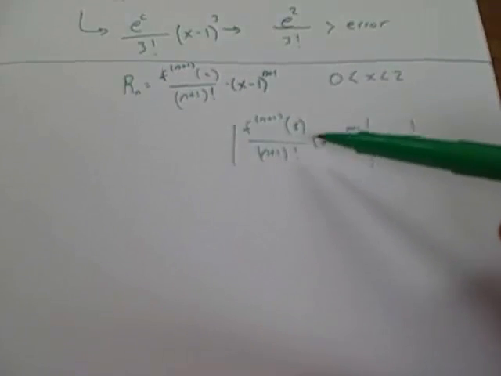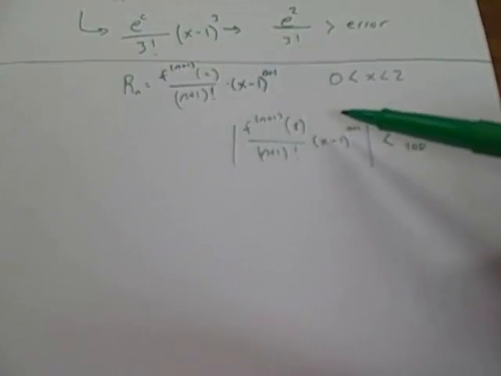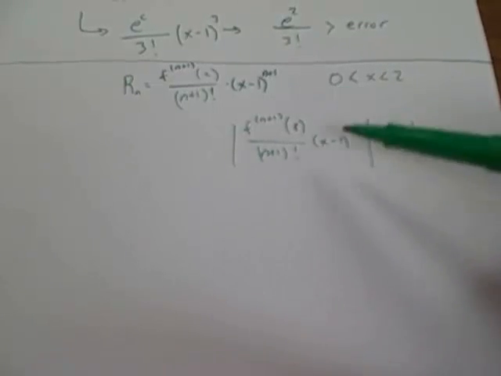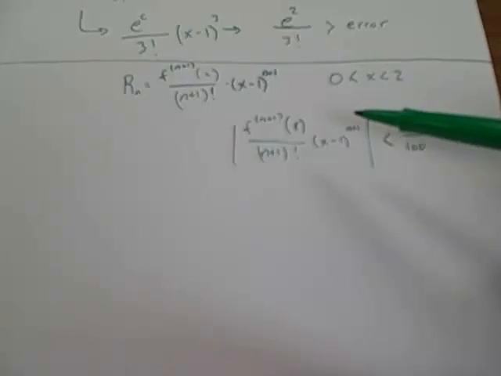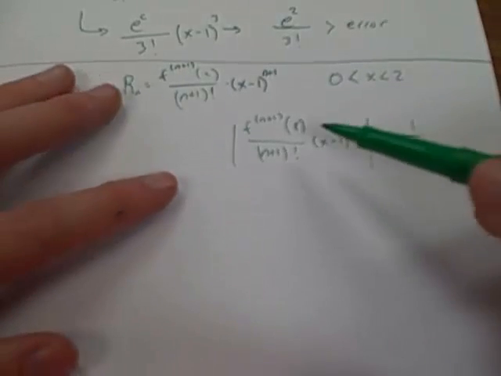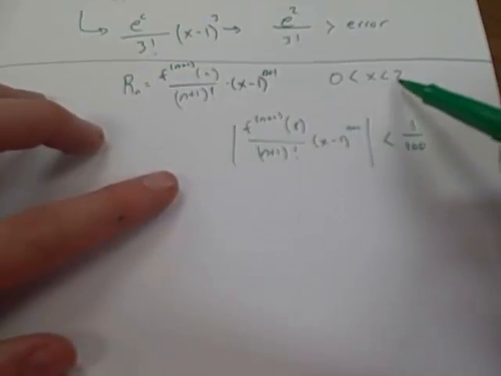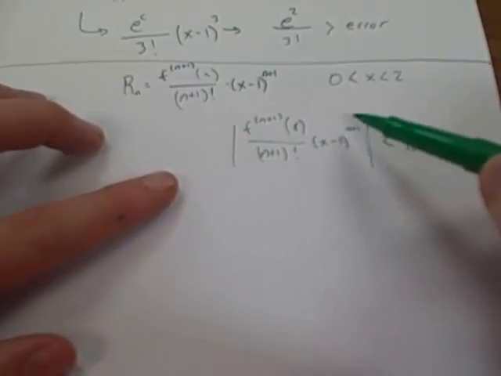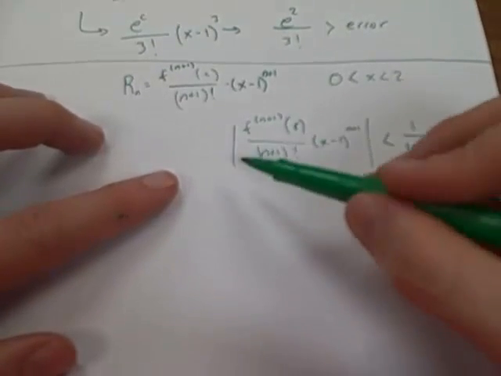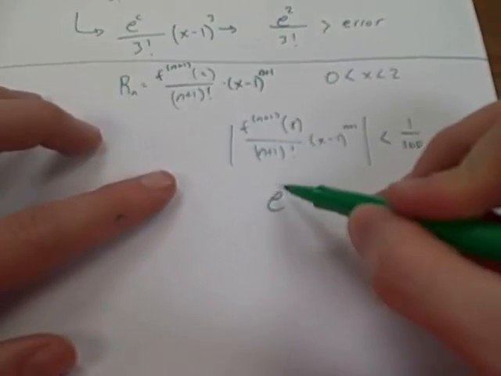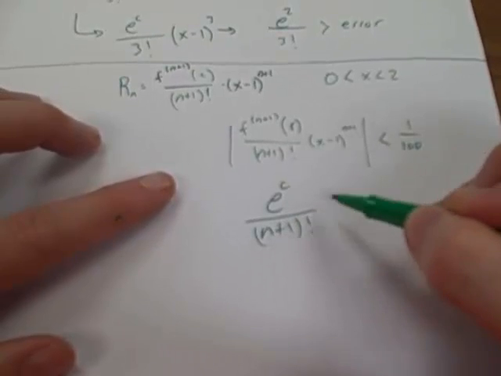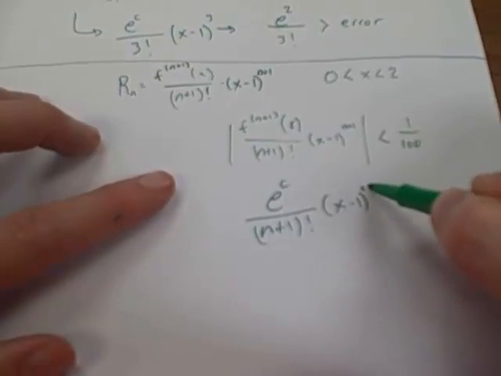Well, first, let's figure out, depending on what x is and what c is, what's going to make this as large as possible, because we want to consider what's the worst possible case before we figure out how many terms we need. So in the worst possible case, I think x is going to be 2, because that will maximize this. This n plus first derivative is the same thing it was in the last examples. So we've got e to the c over n plus 1 factorial times x minus 1 to the n plus 1.